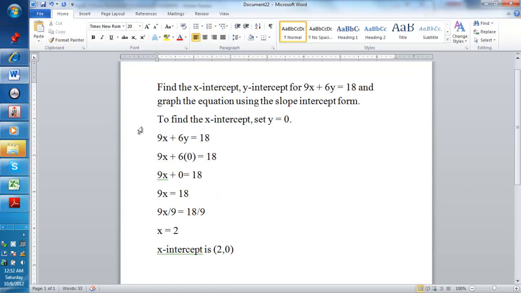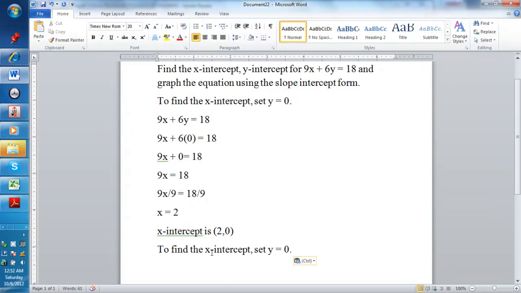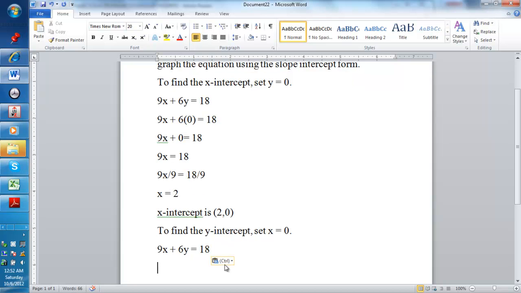Now we're going to find the y-intercept. To find the y-intercept, we're going to set x equal to 0. Again, take the equation 9x plus 6y equals 18.